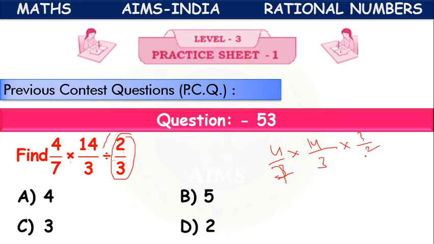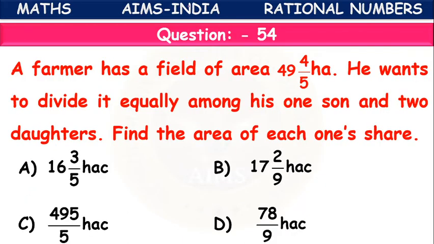Then we can do the product. 3 gets cancelled. 7 2 times 14. 2 gets cancelled. What is remaining? 4 is remaining. 4 is the correct answer. Next.